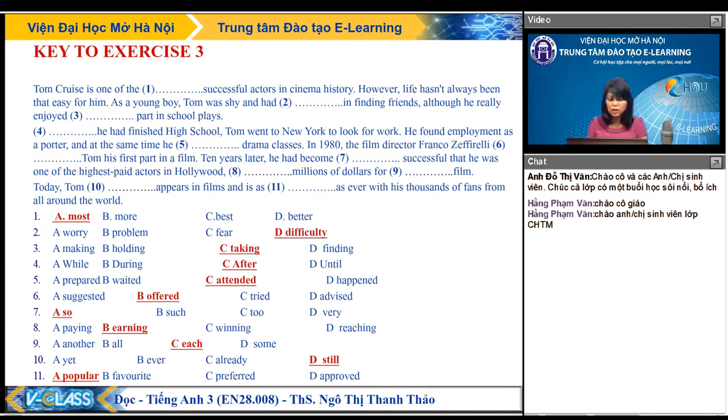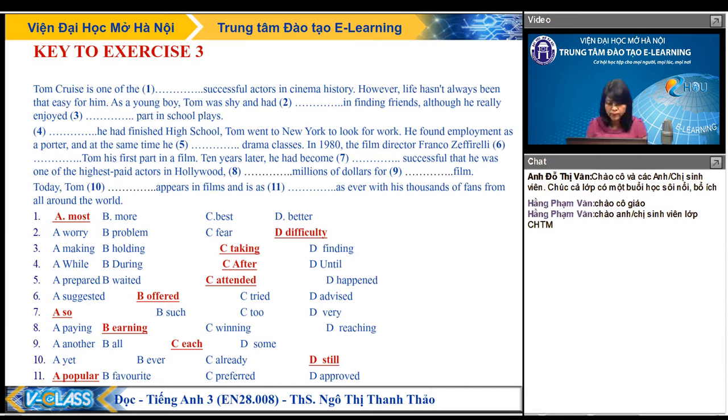We do not say prepare. Prepare must be followed by a preposition, wait for, right? Happen. No, we do not say happen. Attend the drama classes. So number 5, the answer here is C.